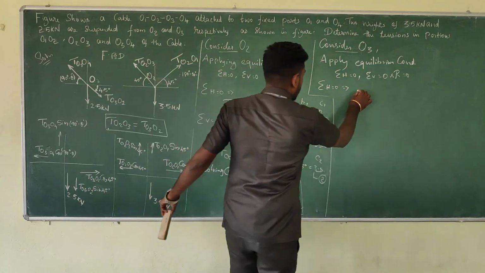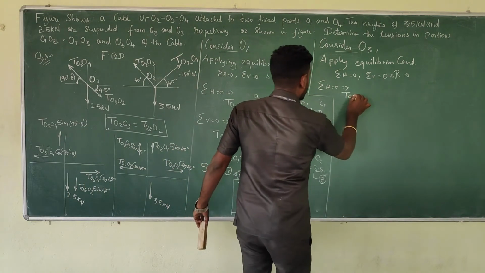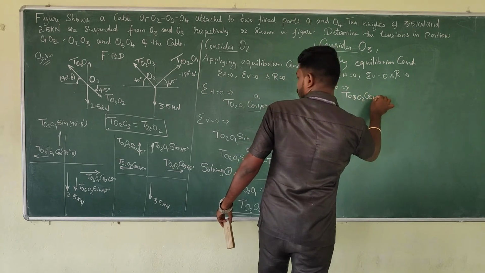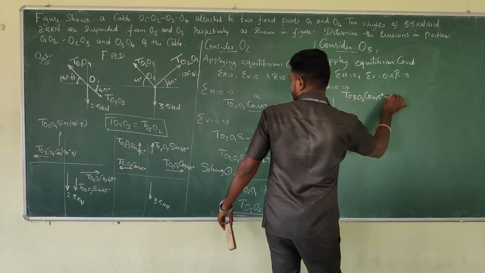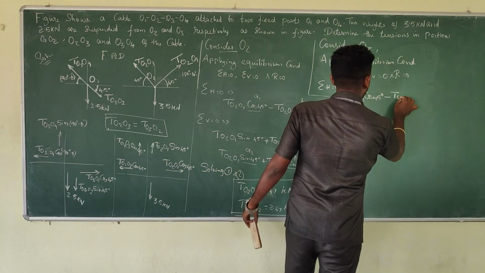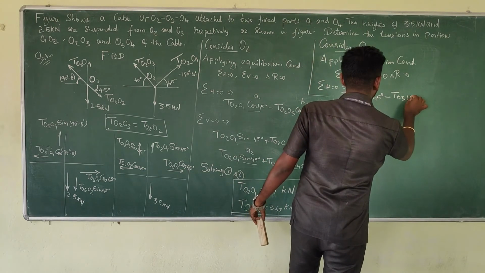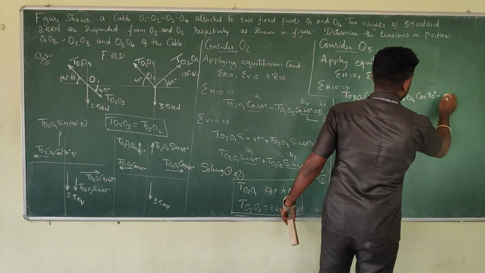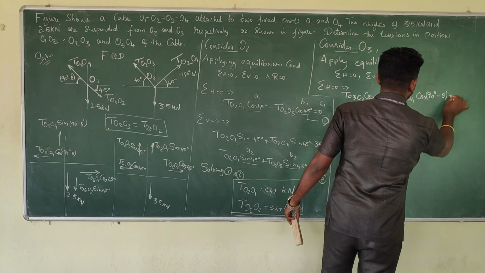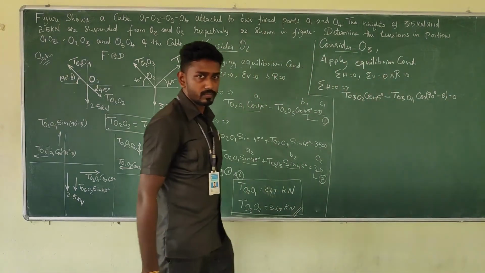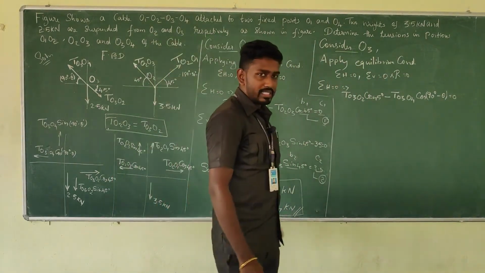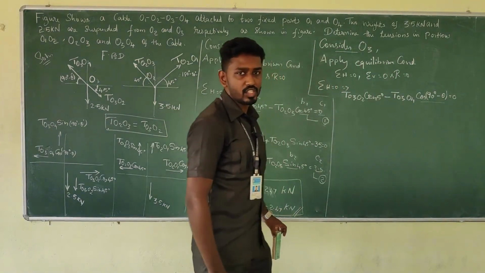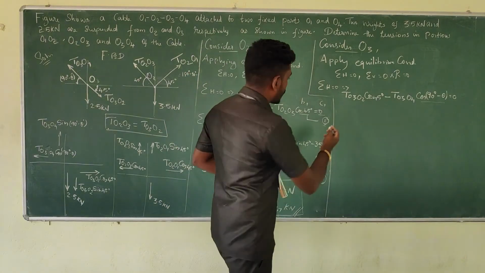So first, TO3O2 cos 45 degree minus TO3O4 cos 90 degree minus theta is equal to 0. What is the next step? Look at this. We have cos 90 degree minus theta, so we use the trigonometry formula.